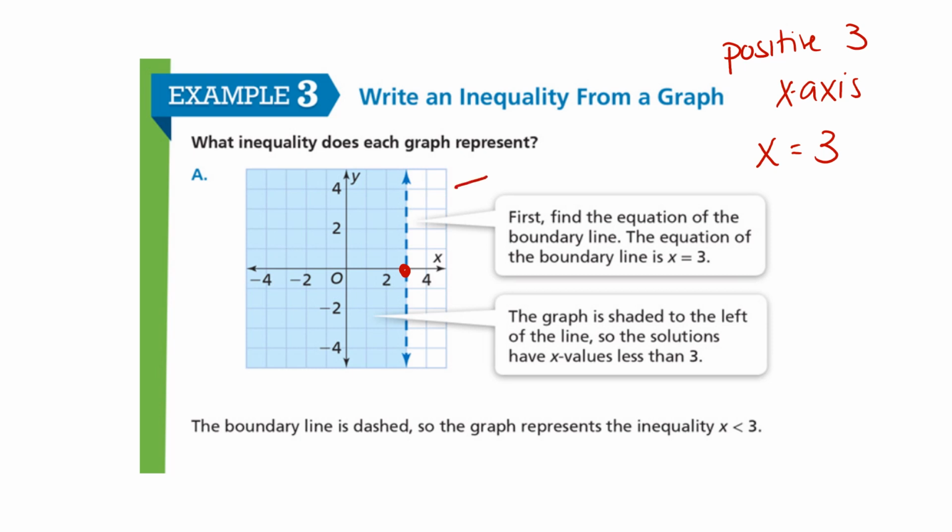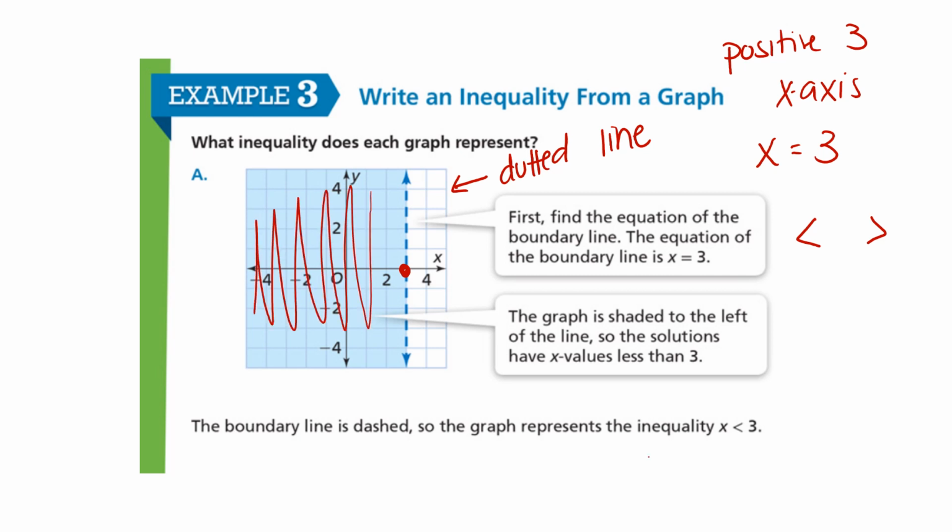It is a dotted line, so that means we know that our equation does not include the equal sign value. It's going to be either less than or greater than. And then we can look and see that everything is shaded below the line. The negative numbers are what is shaded, so that means we're going to want the less than. So our equation would be x is less than 3.